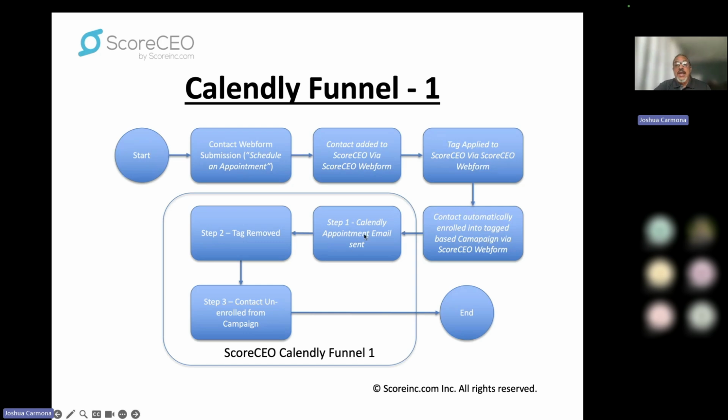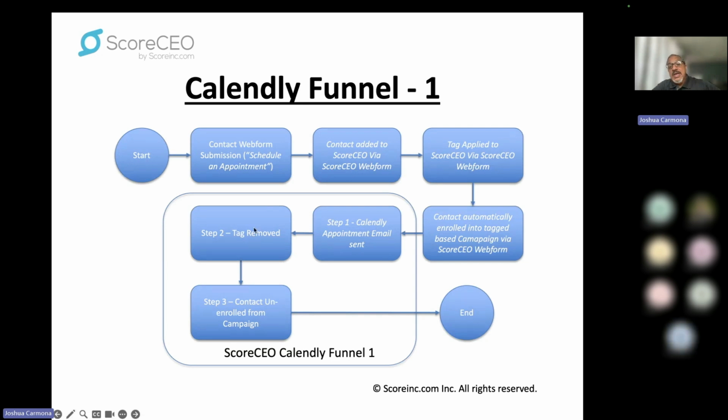Within that tag-based campaign, we're going to send out an appointment email from Calendly, and we're going to remove that tag the next day. So on day 0, which is immediately, when a customer fills in a form, we're going to send an email out to them to click on, and then a day later it will remove that tag, so it unenrolls the customer from that campaign automatically. And that is the last step, and then the customer is unenrolled.